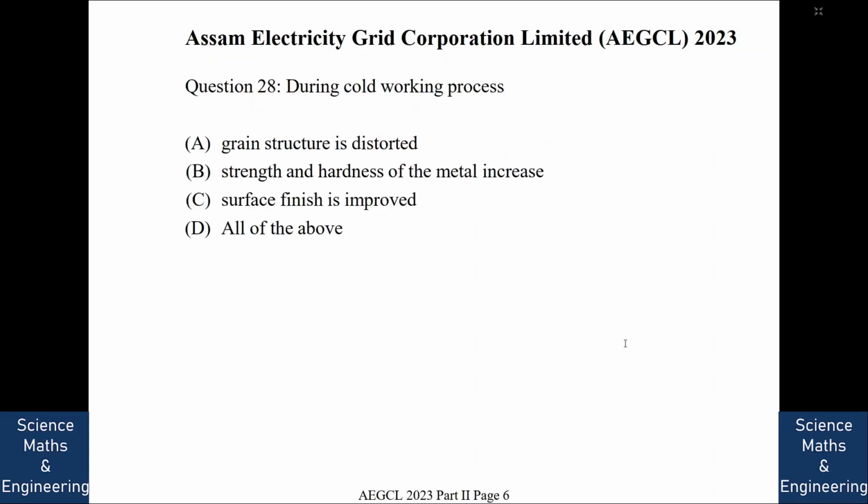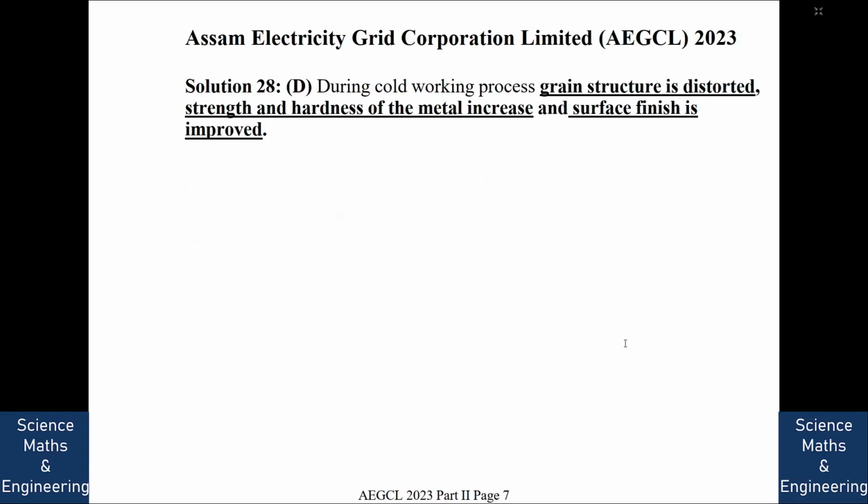During cold working process, A, grain structure is distorted, B, strength and hardness of the metal increase, C, surface finish is improved, or D, all of the above. So the answer is all of the above. That is, during cold working process, grain structure is distorted, strength and hardness of the metal increase, and surface finish is improved.